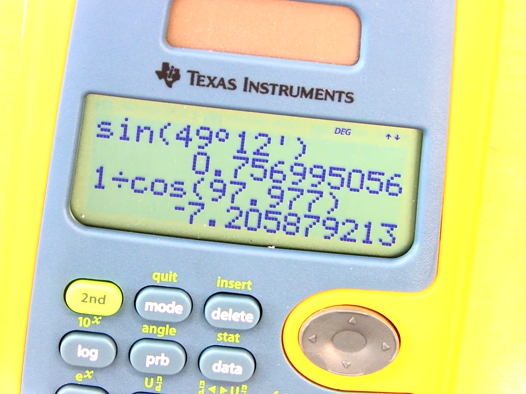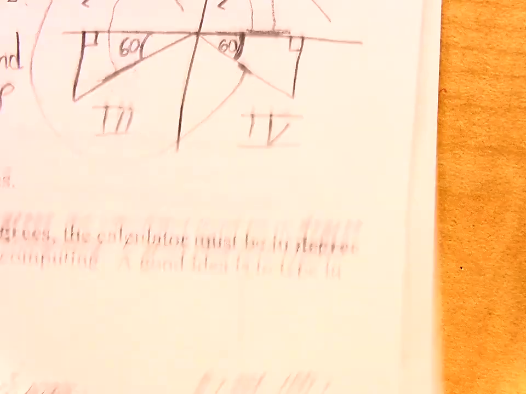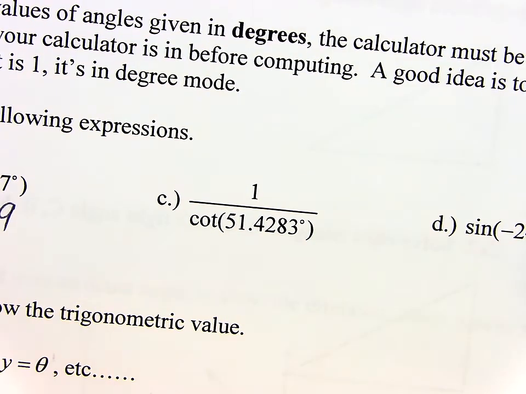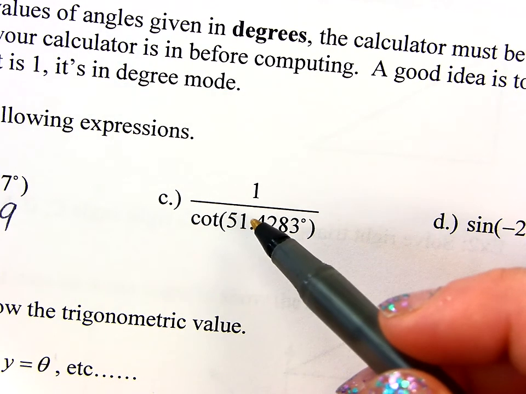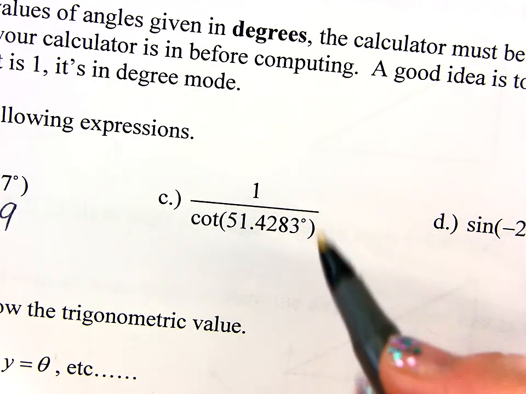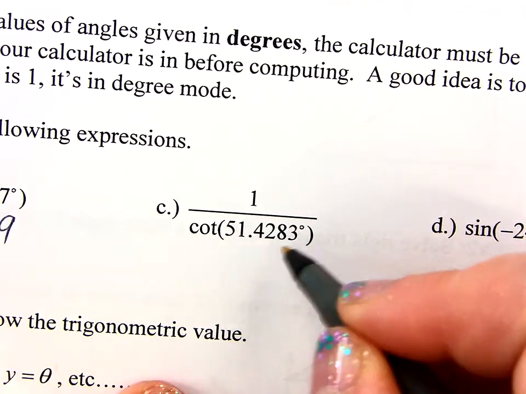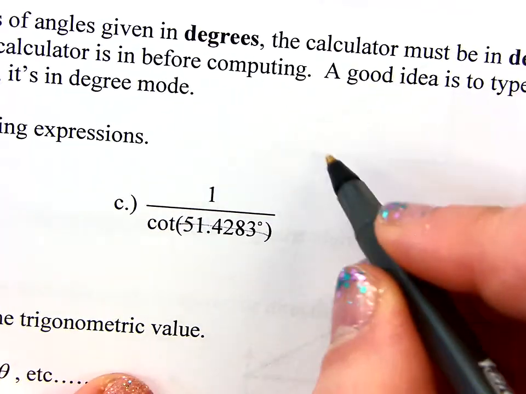Now, C is interesting. You can do this all in the calculator if you're very careful, but it might be better if you just kind of think about it for a minute. So we want 1 over the cotangent of this. Because think about, forget about the decimal for the angle here for a second.